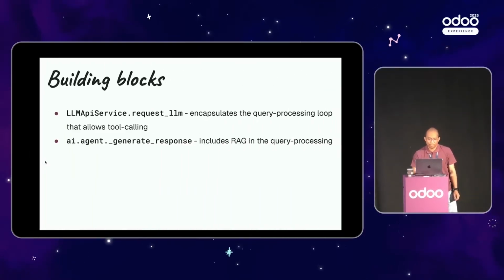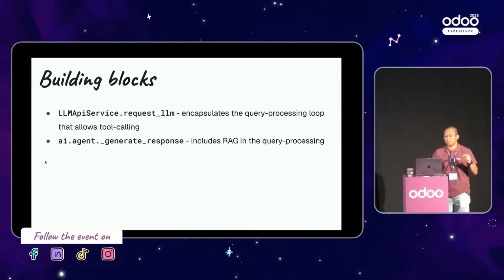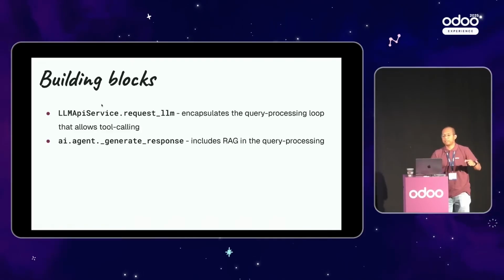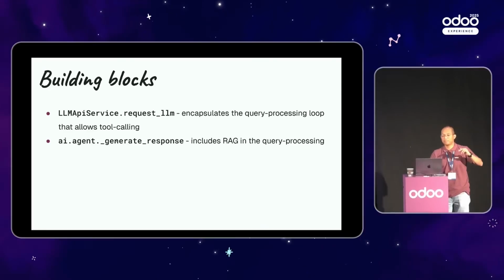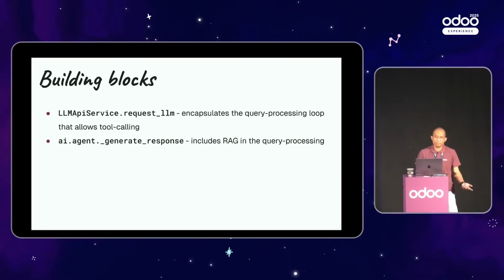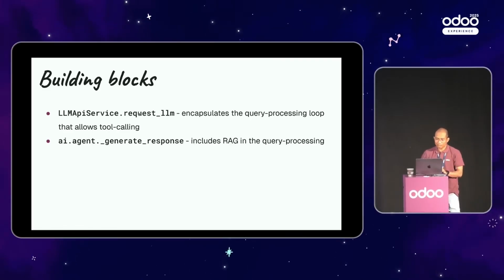All right. So with that out of the way, this talk will be focusing on development using request LLM. Let's set the expectation a bit lower, because generate response is more involved. So request LLM is our target for today.